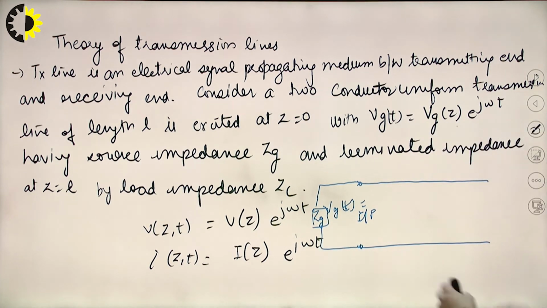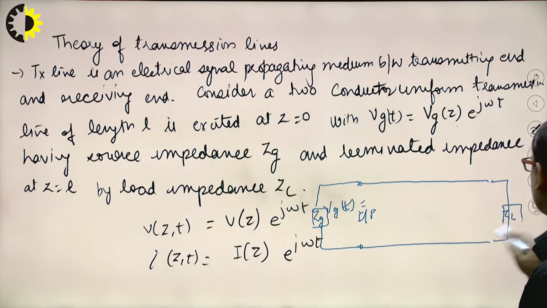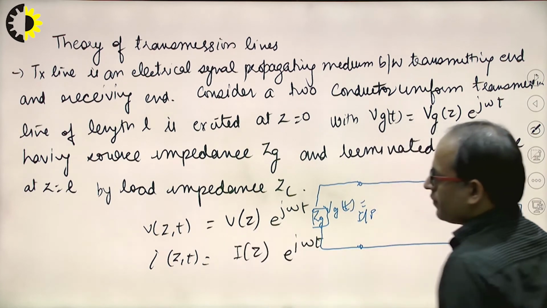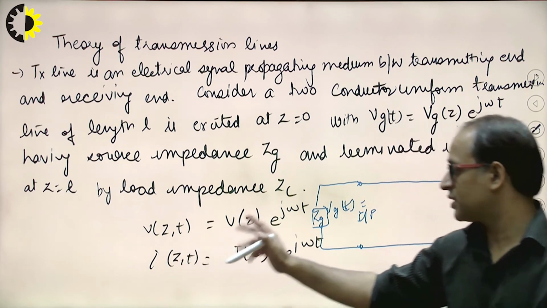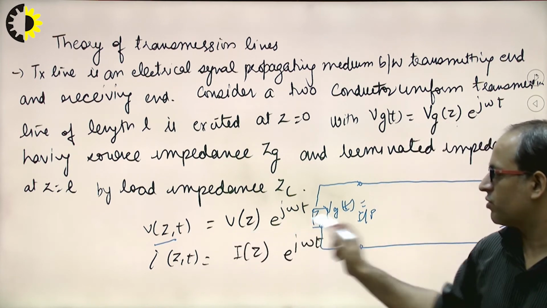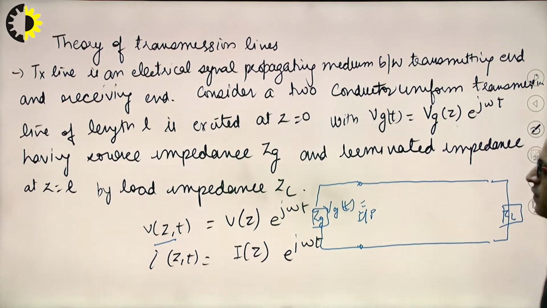Clear? And the load impedance is Zl. So in the time domain, the input signal V of Z comma t will be V of Z e to the power j omega t, and in the time domain the current will be I of Z comma t equal to I of Z e to the power j omega t.